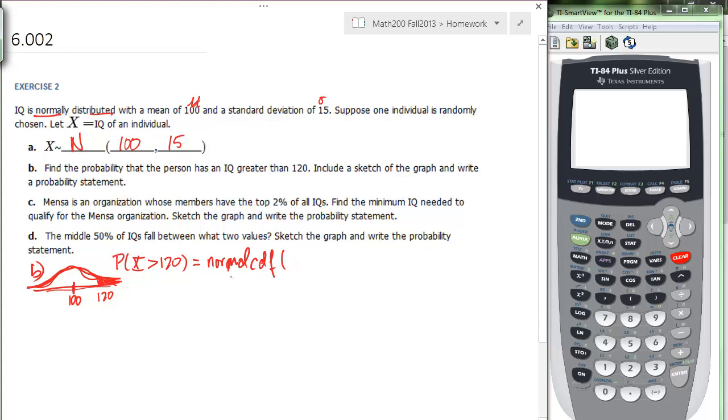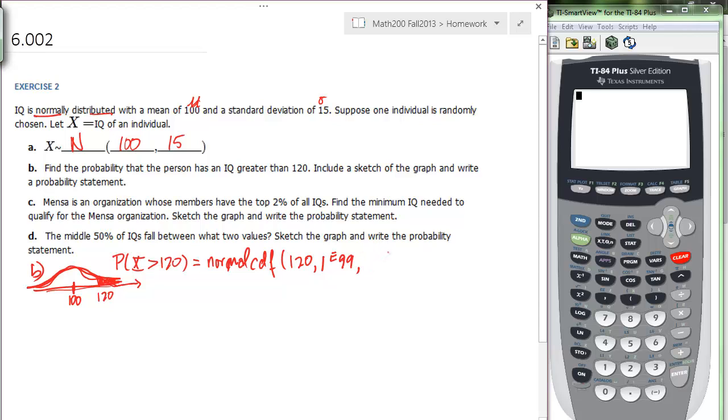Normal CDF looks for a low number, a high number, and the high number here goes all the way to infinity. Since we can't theoretically put infinity, we will put one of the largest numbers that the calculator can handle, and that's 1 with 99 zeros, denoted by 1E99.